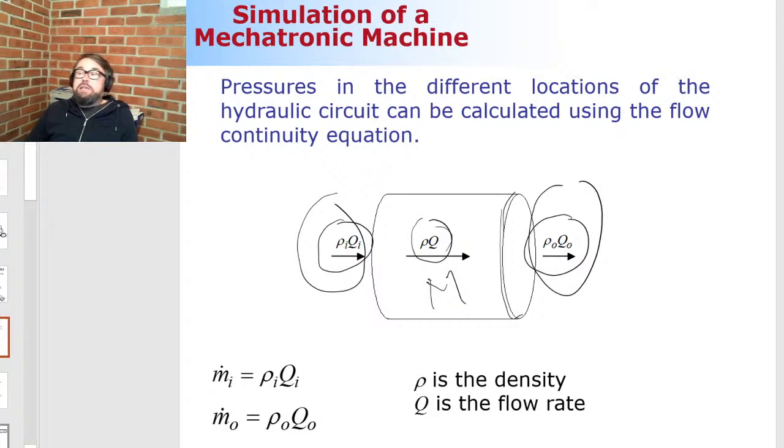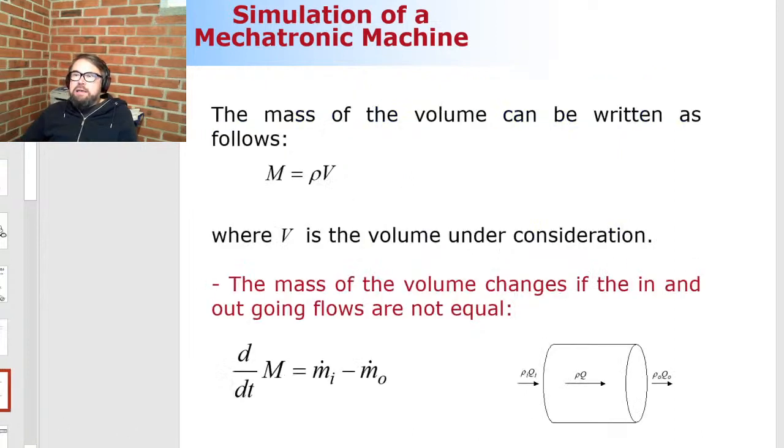Of course, it can change only if there's a difference between the incoming mass flow and the leaving mass flow. If the incoming is bigger than the outgoing, the mass starts to increase. The other way around, the mass starts to decrease. Okay, so let's take a look at that.